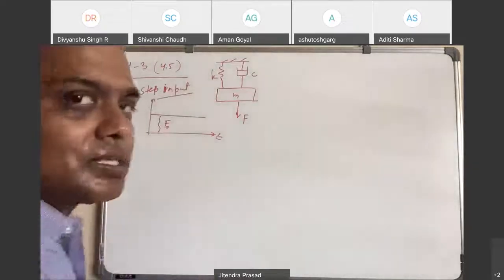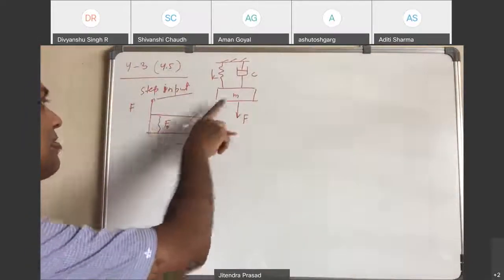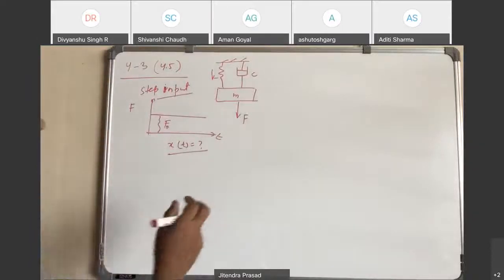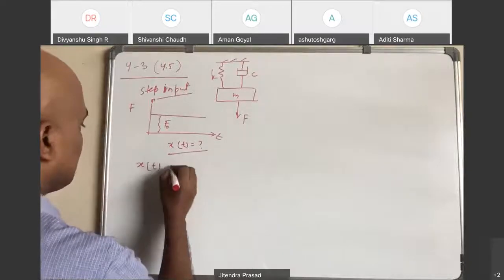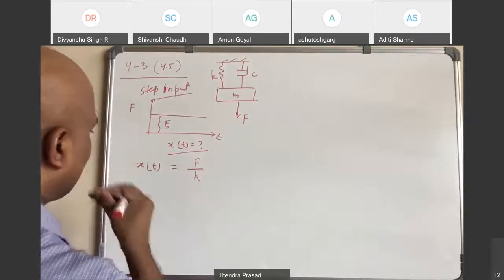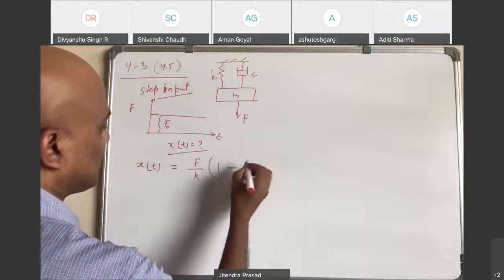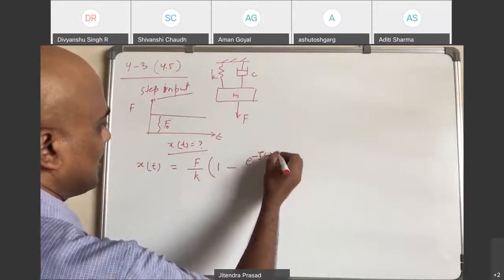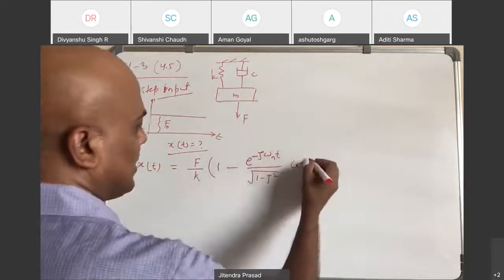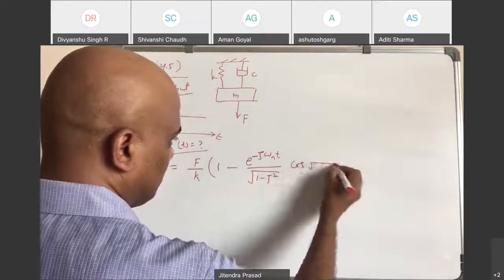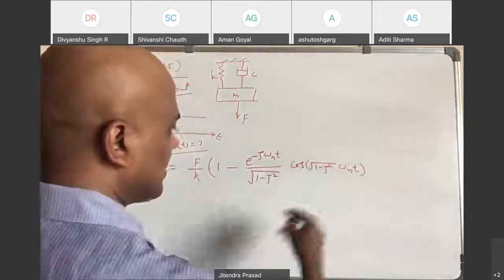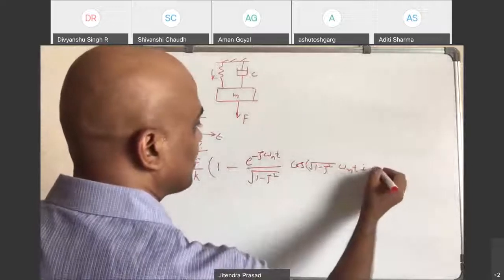We already solved this one in one of the lectures. For this kind of force, x(t) looks like this: x(t) equals F over m omega n square, so it becomes F over k, times 1 minus e to the power minus zeta omega n t divided by root 1 minus zeta square, times cos of omega d t, where omega d is root 1 minus zeta square times omega n, plus a phase psi.